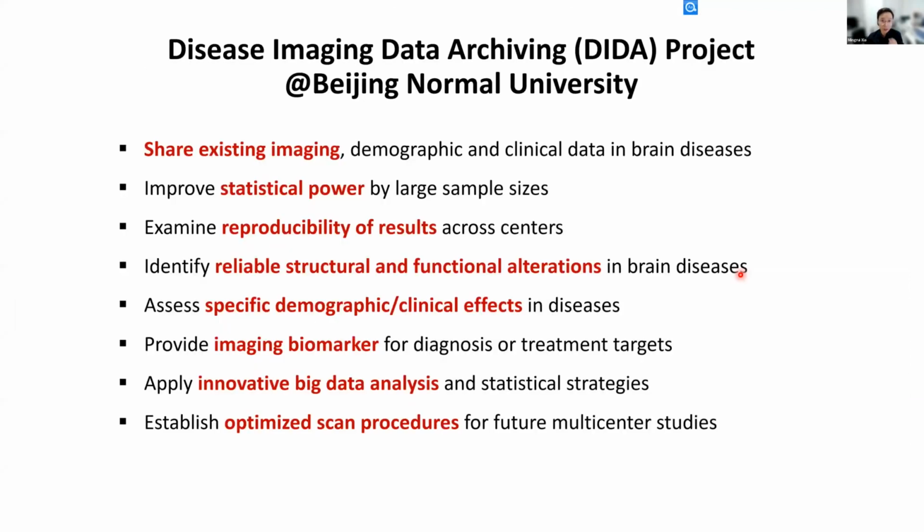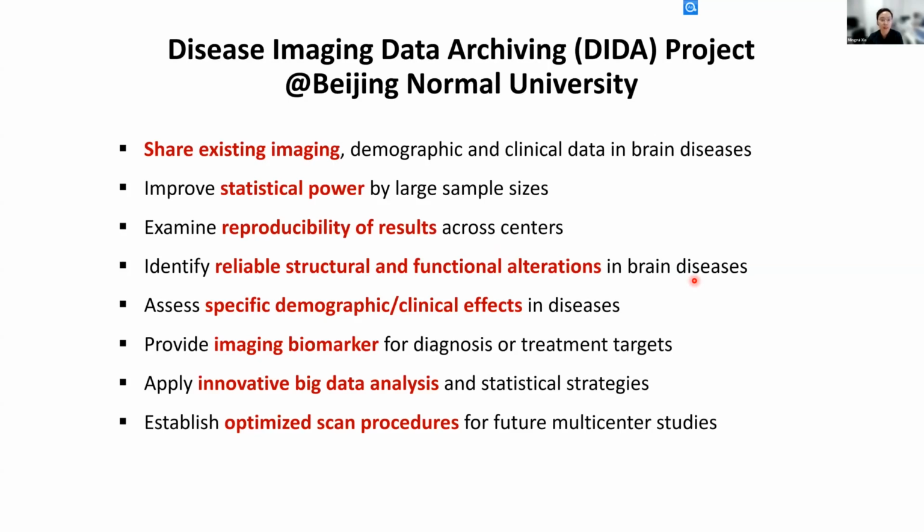With this large data set, we can improve statistical power to find subtle brain alterations related to disorders and examine the reproducibility of results across different centers, and identify some reliable structural and functional alterations in these brain diseases.